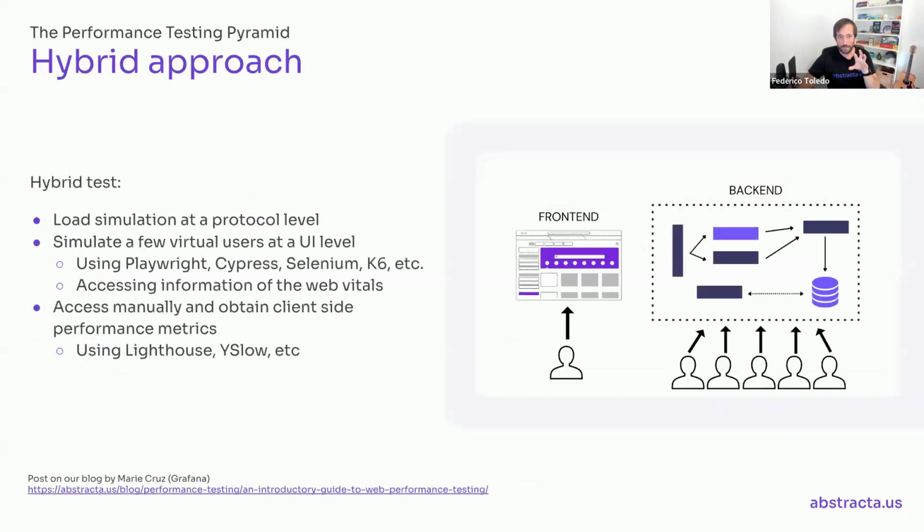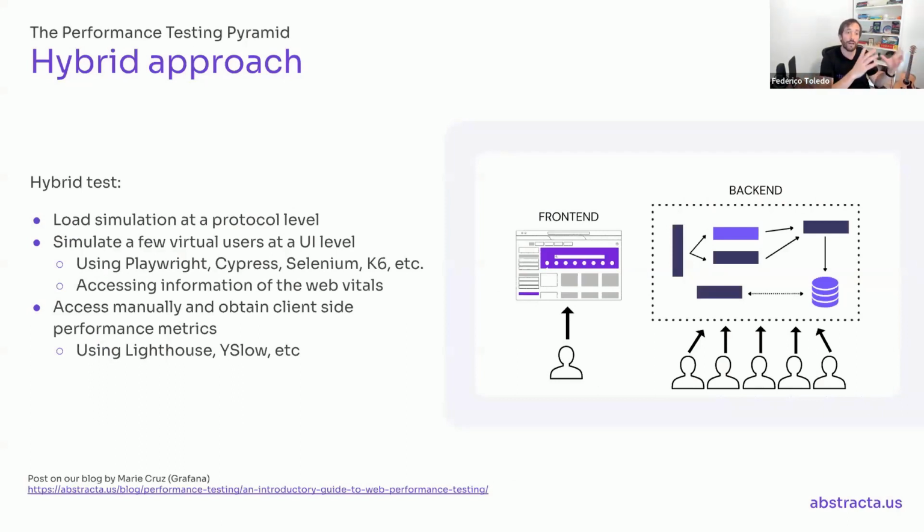And even though this approach is not included in the pyramid, this idea of the hybrid approach is basically another way of doing the end-to-end performance tests, which is simulating at the protocol level in the backend thousands of users from the cloud, etc., and then having a few test cases running with Selenium or Playwright.